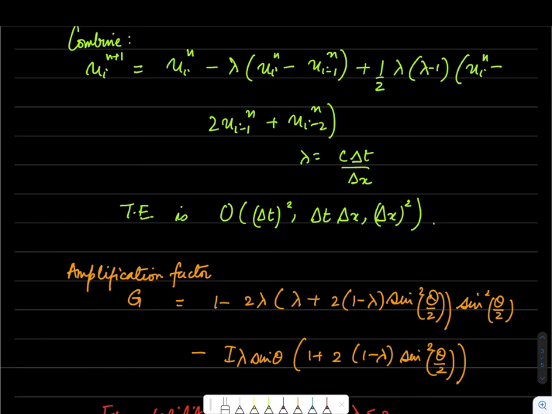So in this scheme, the amplification factor that one can obtain using a von Neumann stability analysis is given by this expression here, where again λ is the CFL number, c Δt/Δx, and θ happens to be the wave or the phase angle, which we can write in terms of the k value and the grid spacing.